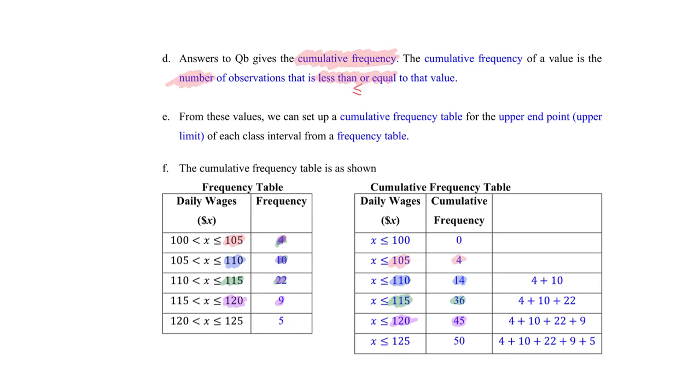And of course the last one, $125. Then I will have to consider 5, 9, 22, 10 and 4 to give me 50. And this happens to be the total number of workers in this particular example.